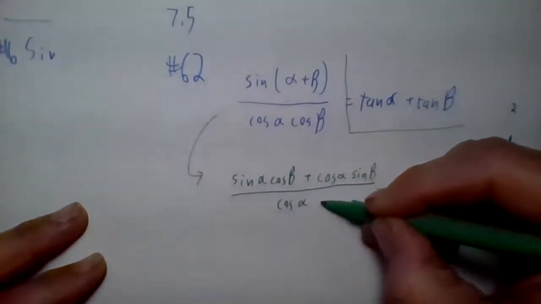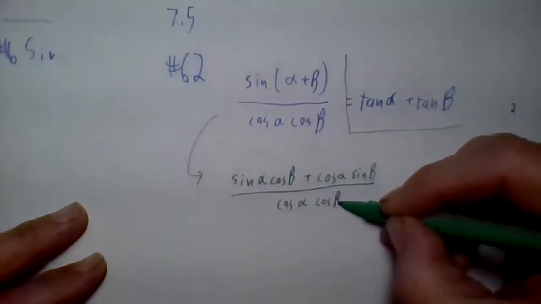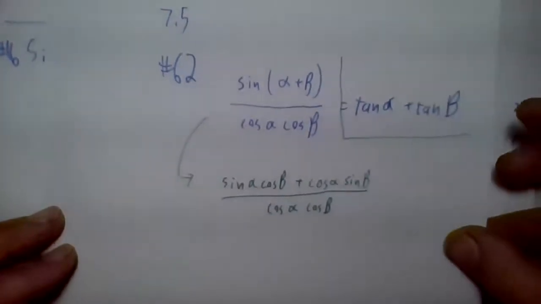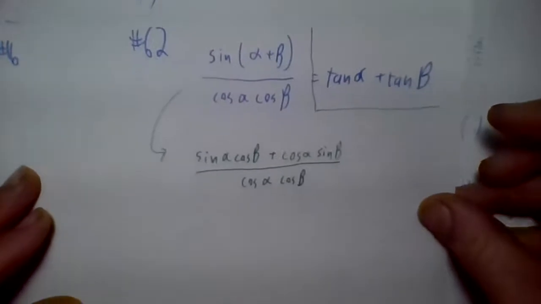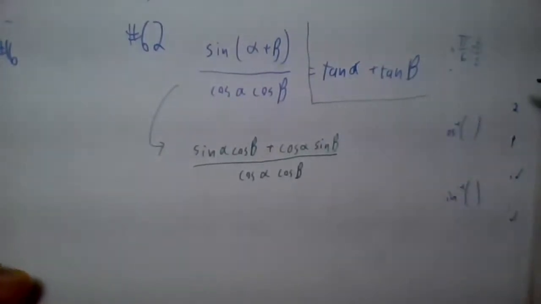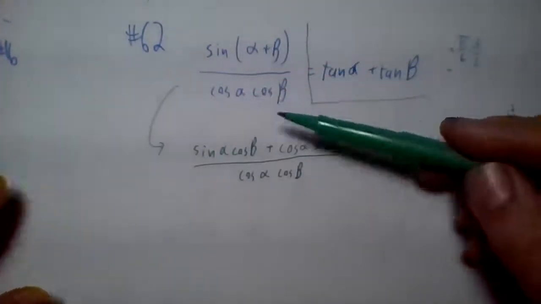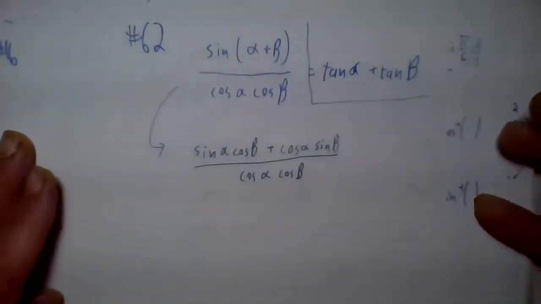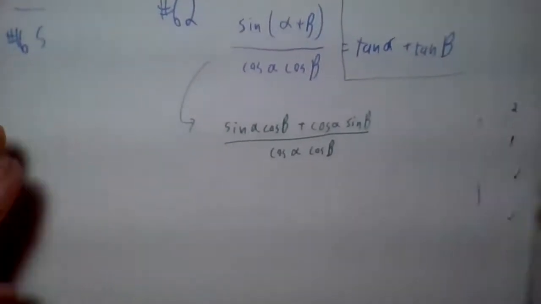And I still have my denominator here. I'm not working with that. Now I've got that all broken down into the same inputs. That's the first thing that really needs to be taken care of in an equation or identity. If there are different inputs, you have to break that down first using whatever formula applies. Now I'm just going to do algebra on it.